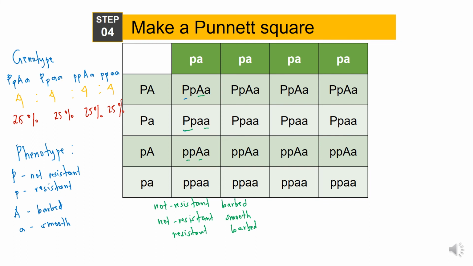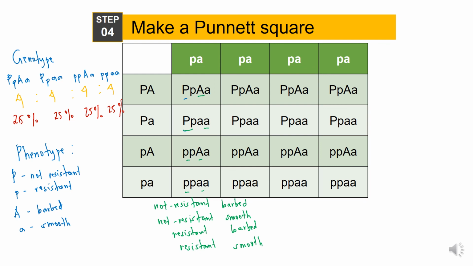Okay, ulit. Bakit barbed yan? Kasi nga may dominant na allele A dyan. Alright, and for this one, both are recessive. So this would be resistant, smooth. Okay, so we will have 4 possible phenotypes for this problem. Now, we will just determine again the ratio. And parehas lang yung magiging ratio niya doon sa genotype. Okay?